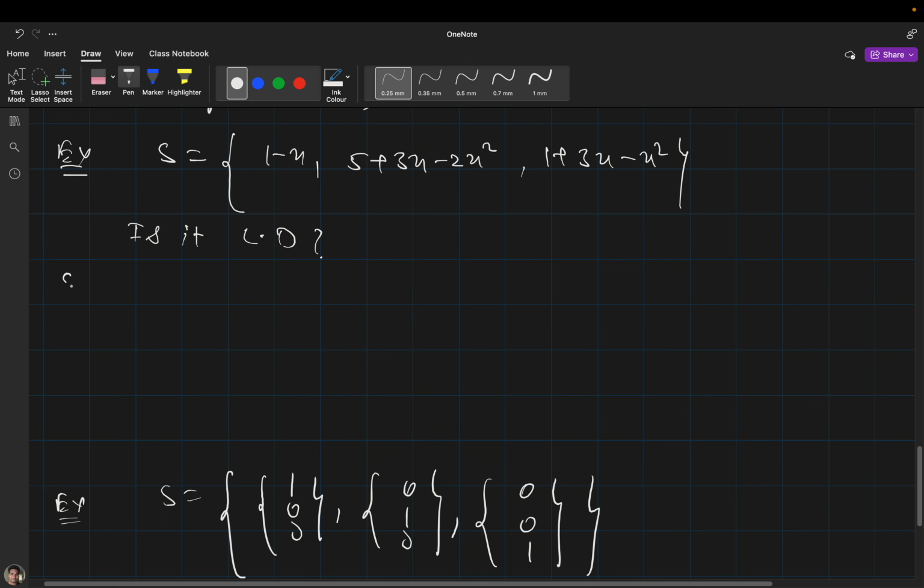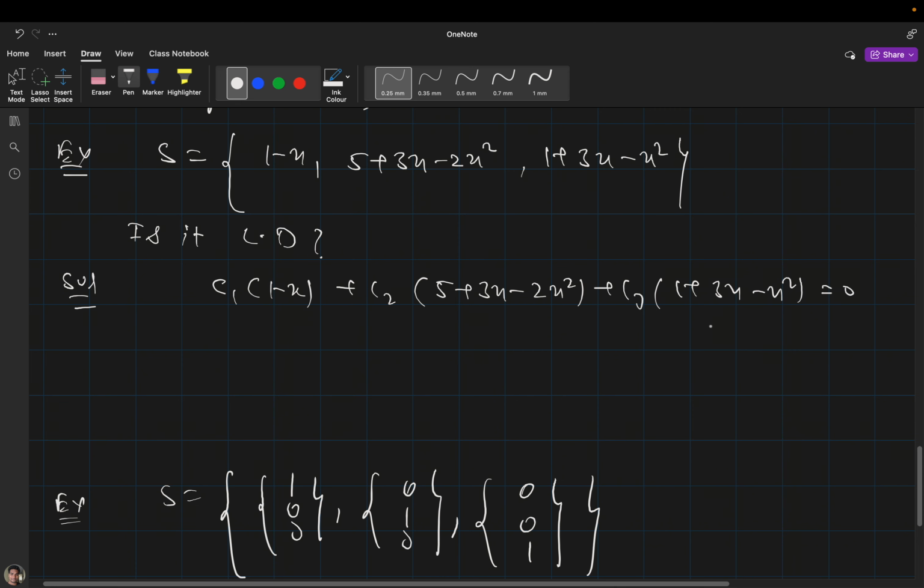Okay, let's solve this. So what we have to do is write it like this: c1 (1 minus x) plus c2 (5 plus 3x minus 2x square) plus c3 (1 plus 3x minus x square) equal to 0, right?